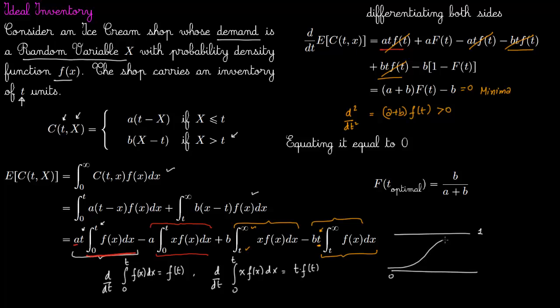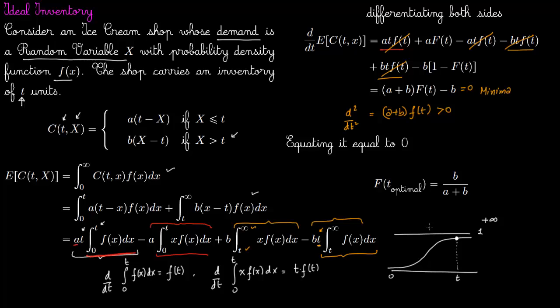It goes like this, so it is asymptotic. When it goes towards minus infinity, it tends to 0. When it goes towards plus infinity, it tends to 1. So this is the function. So this b over a plus b is always less than 1. So this function will take some value here.